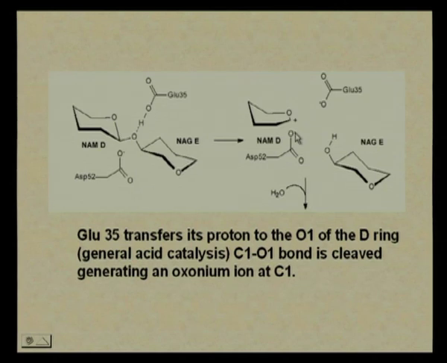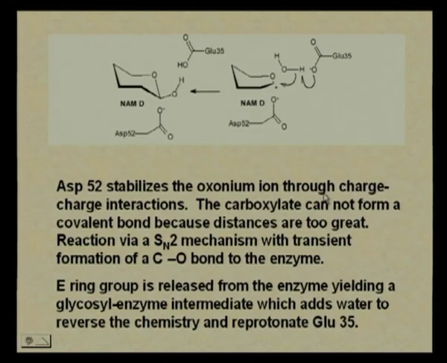Okay? So, now we have glutamic acid 35 that has donated its proton into the cleavage of this NAG-NAM-NAG set, and we now have an oxonium ion that has been formed with a plus charge that is stabilized by the aspartic acid 52 O minus by charge-charge interaction.